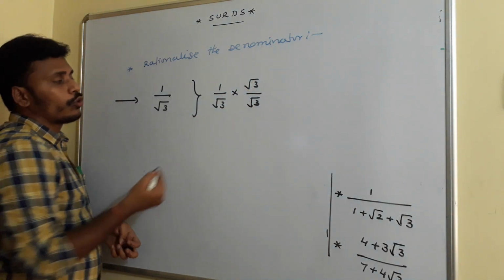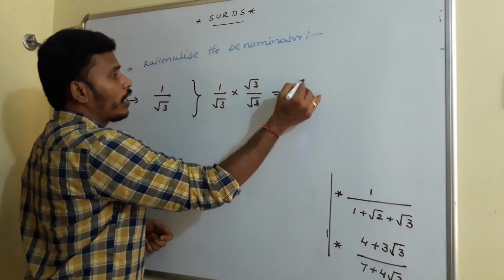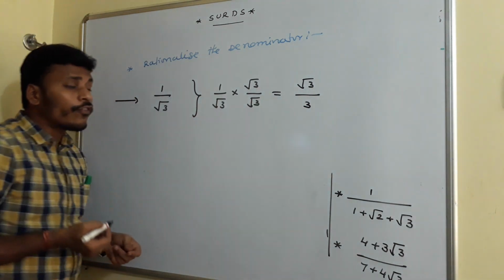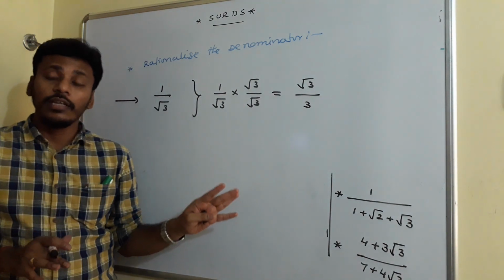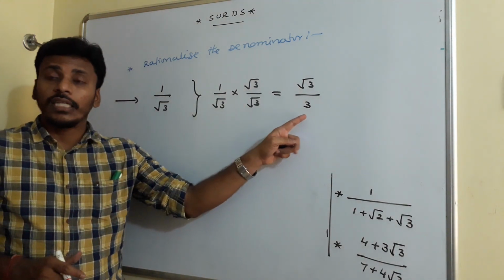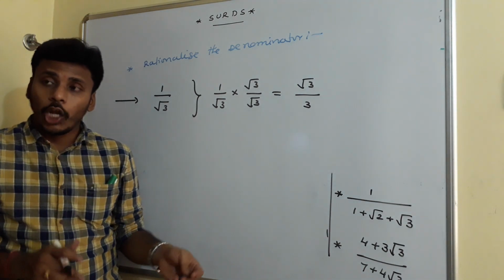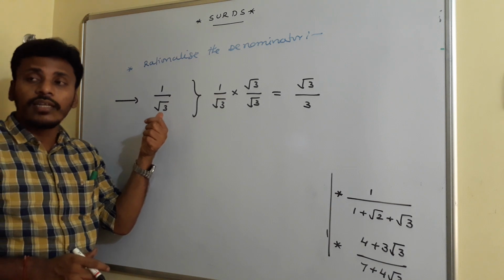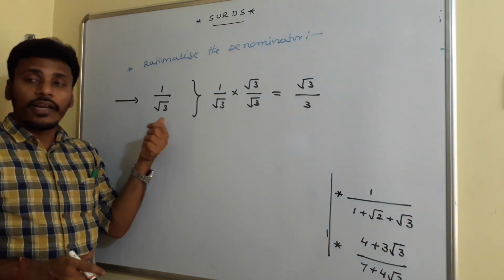If you multiply with root 3 in both numerator and denominator, the numerator part is 1 into root 3, whereas the denominator part is 3. And this 1 by root 3 and this root 3 by 3 are actually the same, but in this root 3 by 3 the denominator is a rational number. So there ends my task. My task is to find a number which is equivalent to this 1 by root 3 such that the denominator is rational, whereas in the given problem the denominator is irrational.